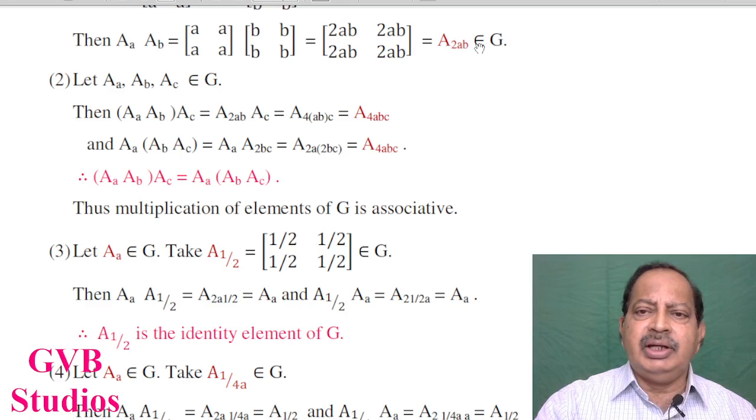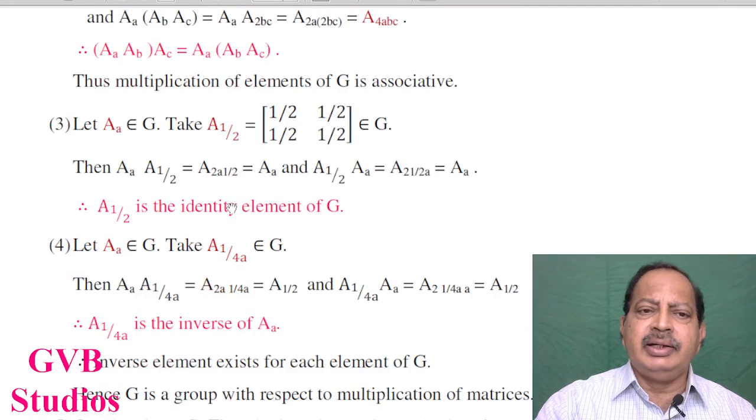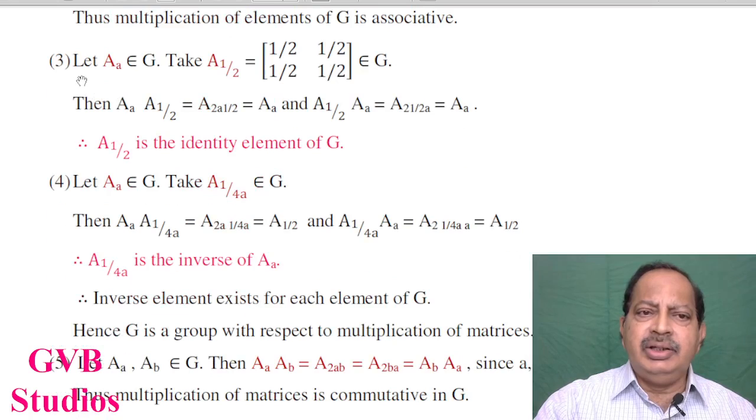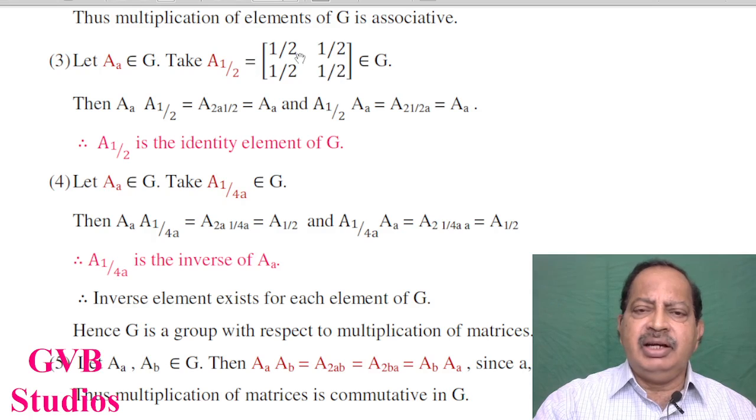So, by observation, if we replace this b by 1/2, we get capital A suffix small a. So I will take here, let A_a belong to G and take A_{1/2} belong to G. Here 1/2 is a real number and 1/2 is a non-zero number. So this matrix belongs to G.